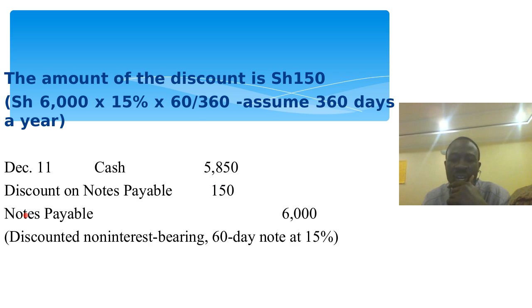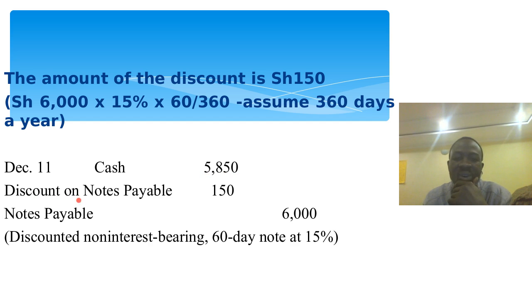So to recognize the presence of that note, on December 11th, we will now have the cash, the difference. Now the 150, you subtract the 150 from the 6,000 shillings. That will be 5,850.